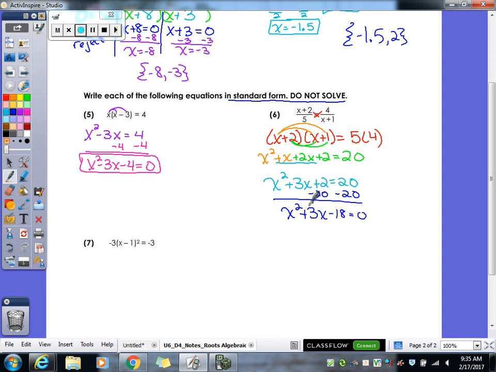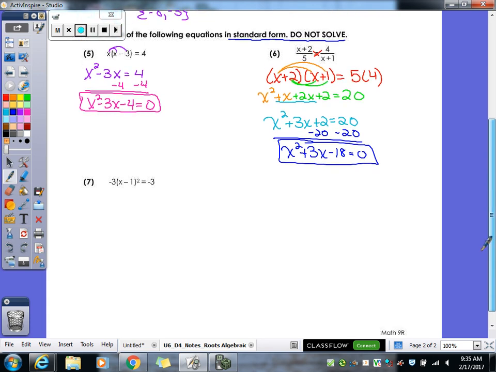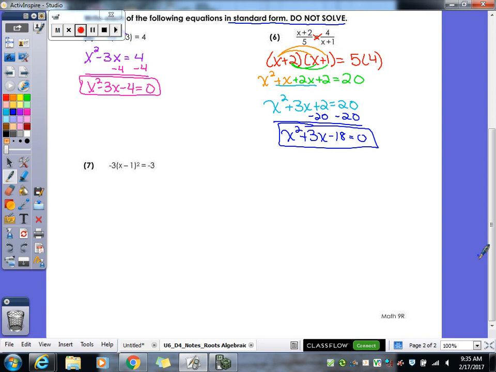So we get x squared plus 3x minus 18 equals 0, and now we're in standard form. Yep, 2 minus 20, negative 18. All right, number 7. What should we do first for that one? Take care of the exponent.